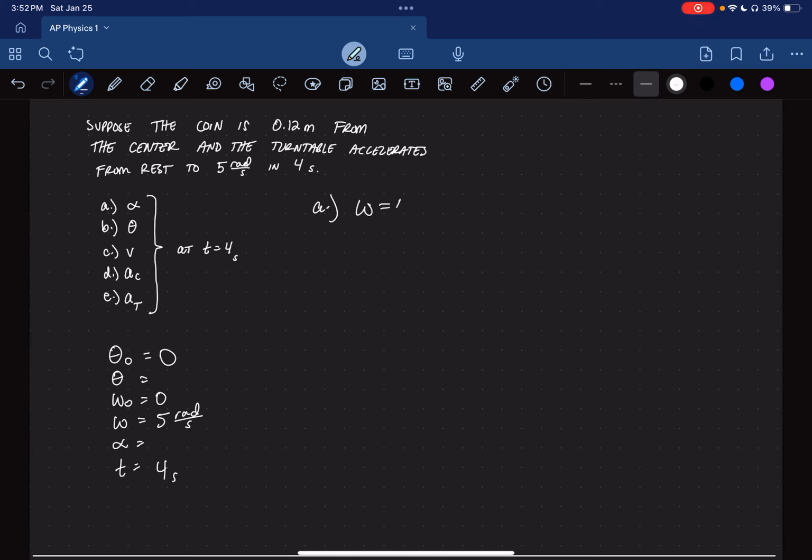So let's use equation 1. This is 5, and sorry, I'm going to try to speed this up a little bit. We've done the kinematics already, so this is 5 over 4, which is 1.25 radians per second squared.